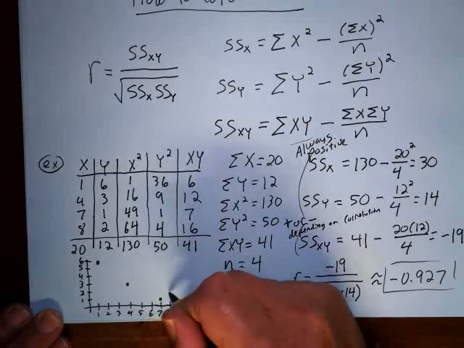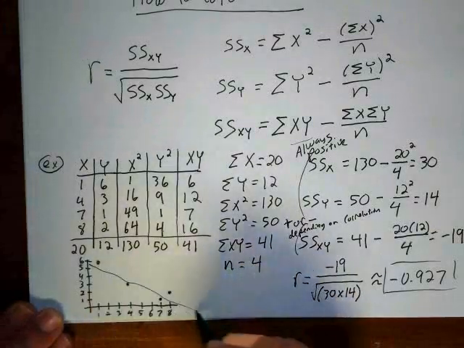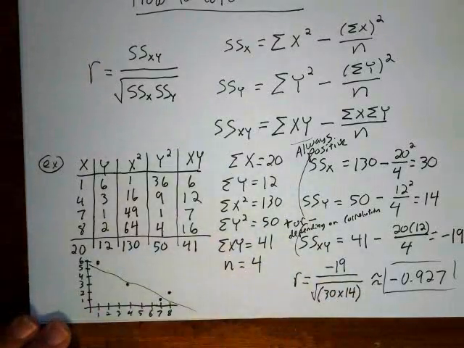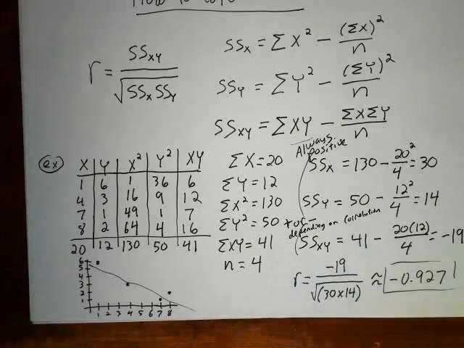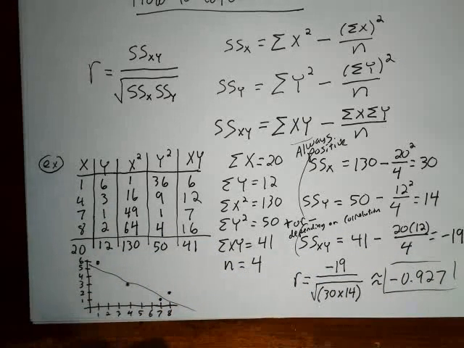And then 8, 2 would be right there. And indeed, this has a fairly strong negative correlation. They lie along a line there pretty strongly. And so our R is close to -1.